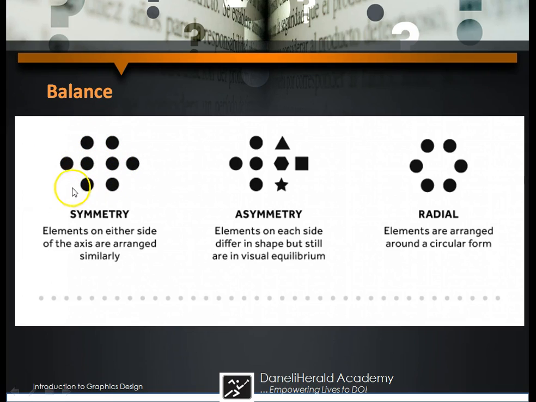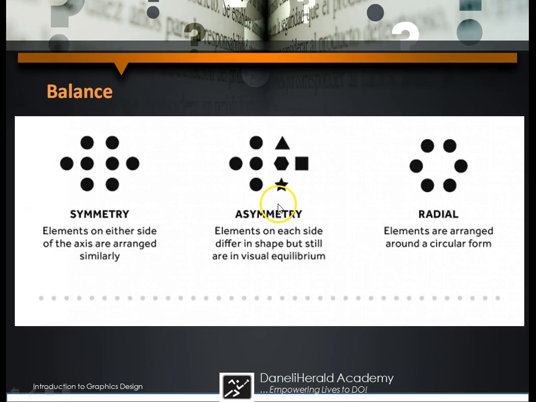So this one looks like a duplicated set of shapes that's inverted, and if you look at the distance between here and here, it seems to be very close to the distance between here, and they are just mirrored. So symmetry is a situation whereby elements on either side of the axis are arranged similarly.